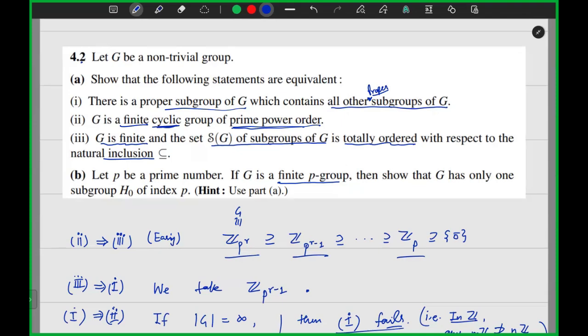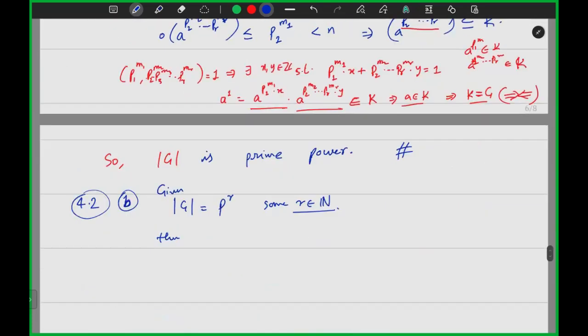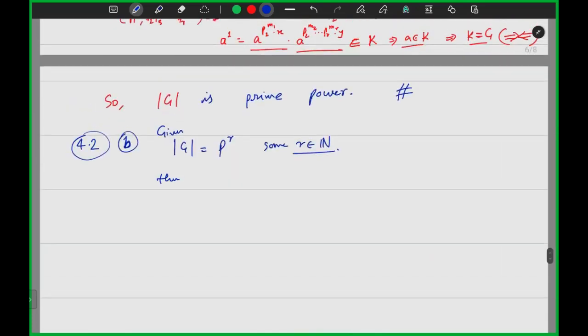You are correct. So here we should take a finite cyclic P group. Then we can use the above equivalence to show that there is a single largest subgroup, and it is cyclic.